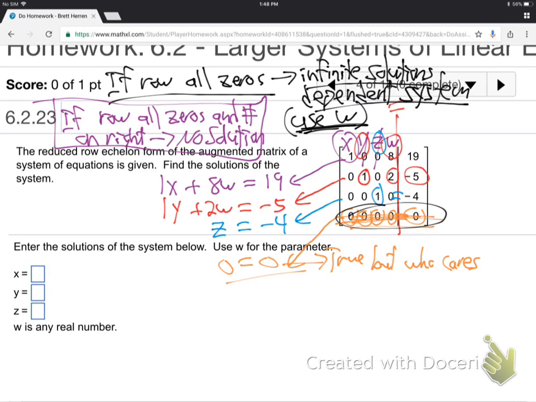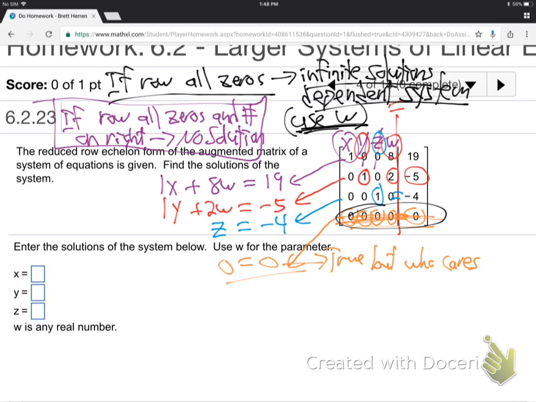So you can either have all zeros all the way, that's going to be infinite solutions, or you can have all zeros and a number, that's going to be no solution. Because that's saying something not true. 0 equals 1. Not true. No solution. That was the quiz question. Whereas if you have just all zeros all the way, that's just saying nothing. That's going to always, though, lead to infinite solutions and a dependent system.